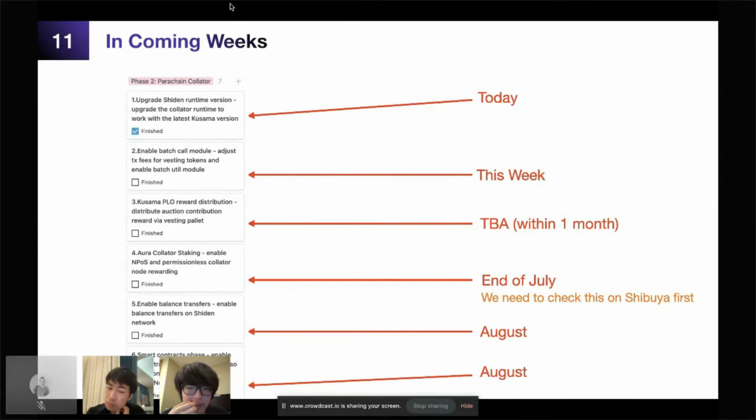And when that is all over, we should be ready for enabling balance transfers and smart contracts. I cannot say for sure when this will happen, but again, the code should be prepared by August, and it should be introduced to the public for everyone later this year.